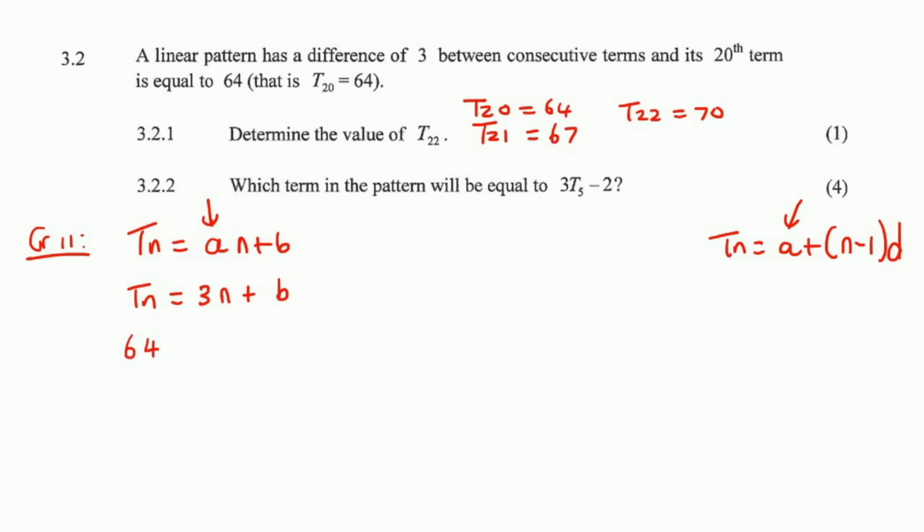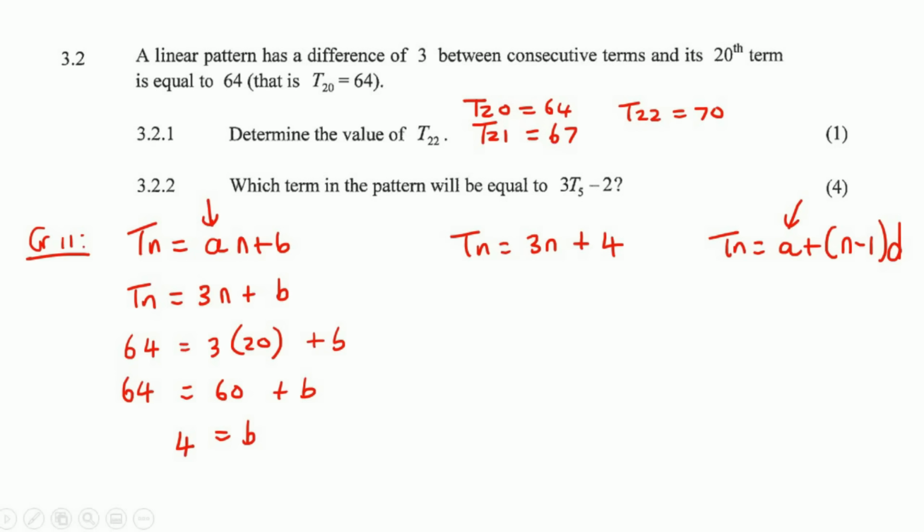So you can say 64 equals 3 times 20, because that's term 20, plus b. So 64 is equal to 60 plus b, and so if you get b by itself, b would be equal to 4. Now we can write down the formula, 3n plus 4.